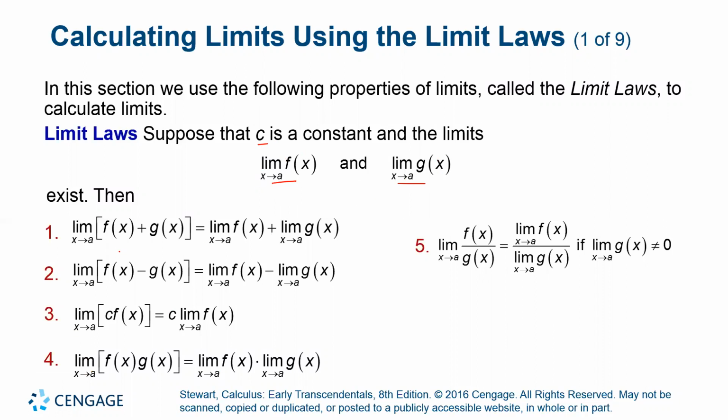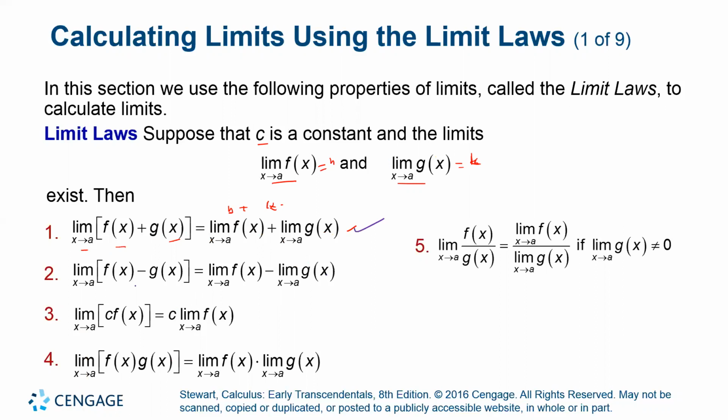Then for the sum, if you add the functions, you can take the limits and distribute the limit over and write it as the sum of the limits. Suppose this is b and that is k. Then this will just be b plus k, because k and b are constants too. So that's the first one.